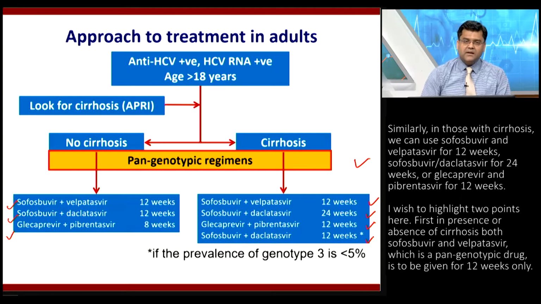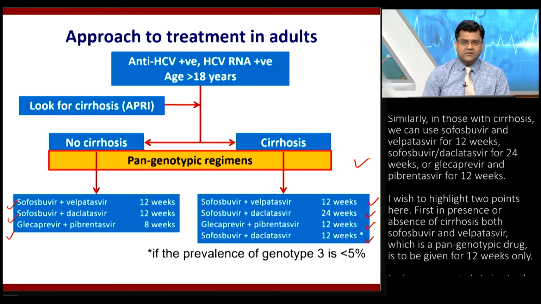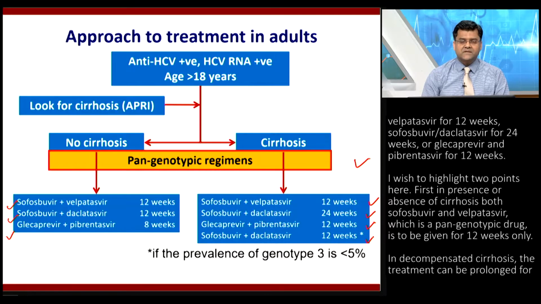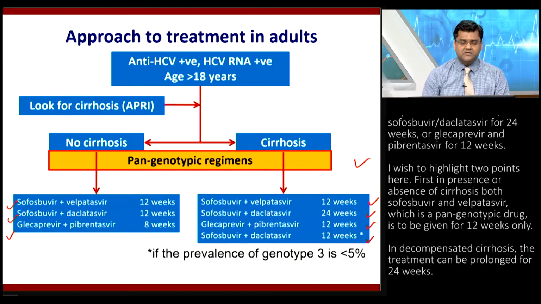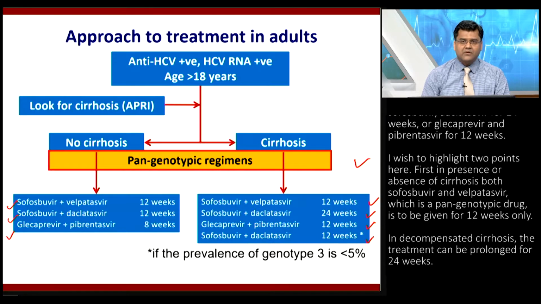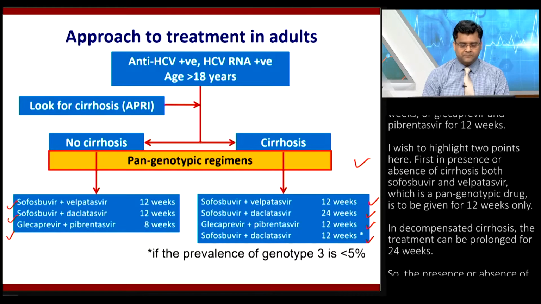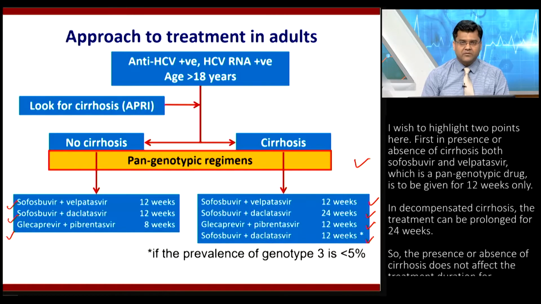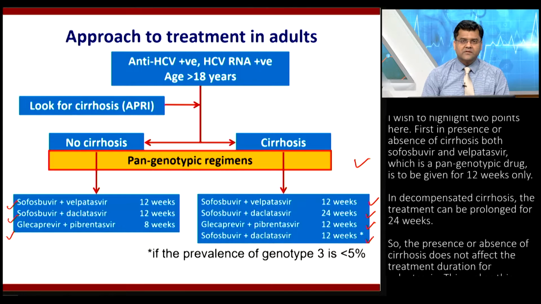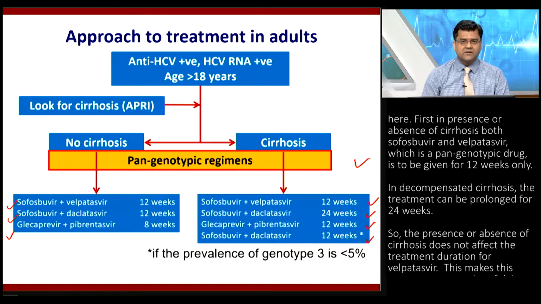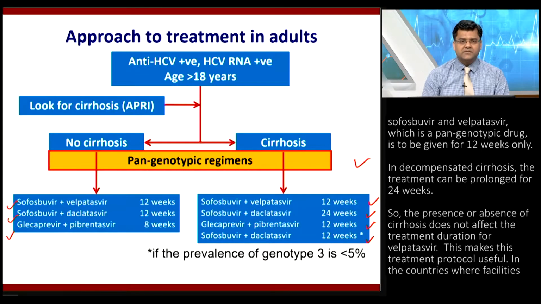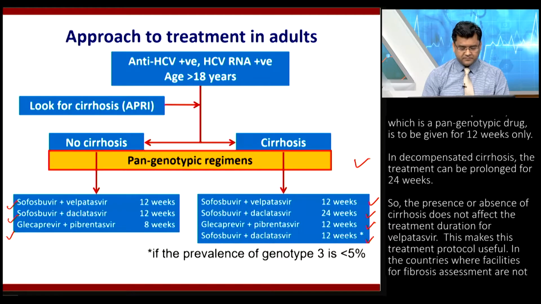First, in presence or absence of cirrhosis, sofosbuvir and velpatasvir, which is a pan-genotypic combination, is to be given for 12 weeks only. In decompensated cirrhosis, the treatment can be prolonged to 24 weeks. So, presence or absence of cirrhosis will not affect the treatment duration for velpatasvir. It will make the treatment protocol easy.